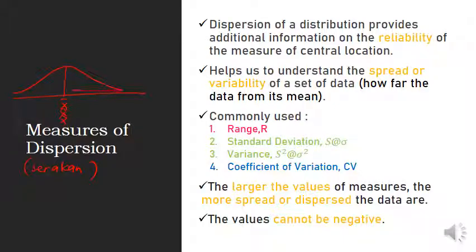Dispersion tu adalah ini, serakan. Okay, so dispersion of a distribution provide additional information of the reliability of the measure of central tendency. It helps us to understand the spread or variability. Spread, inilah spread ni, serakan ni.